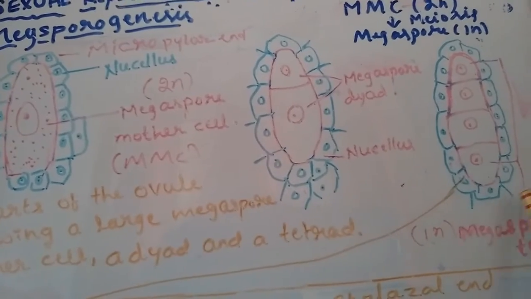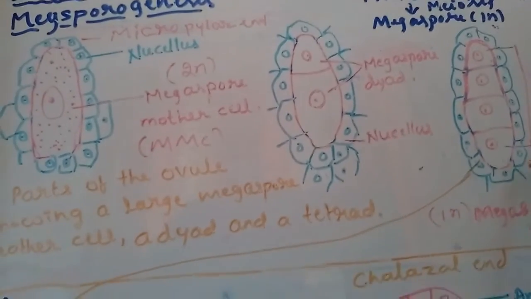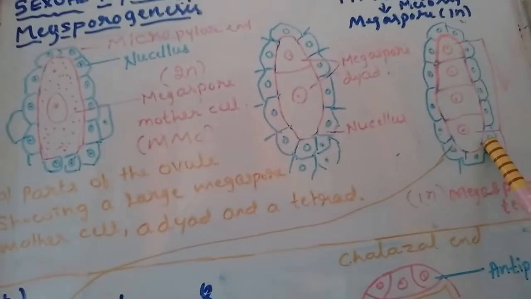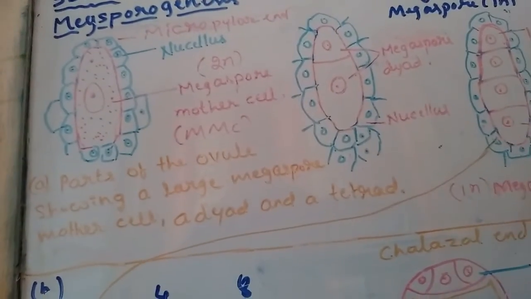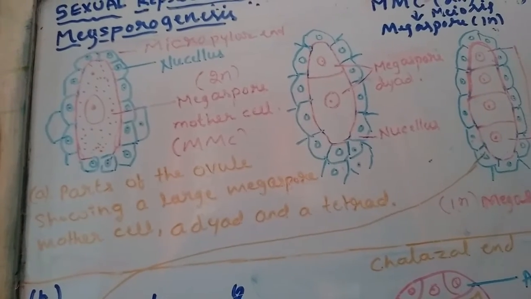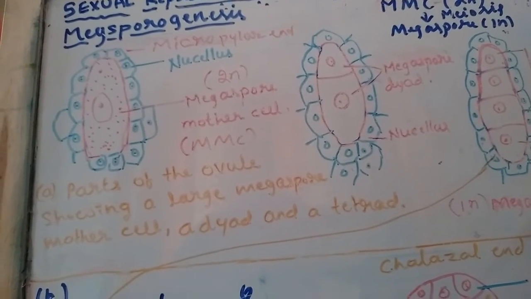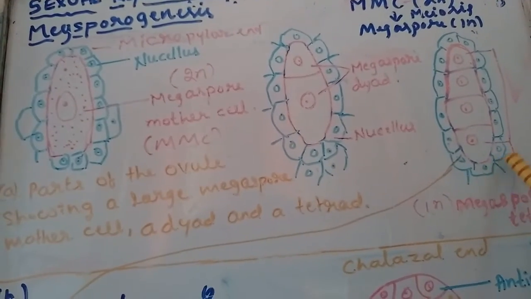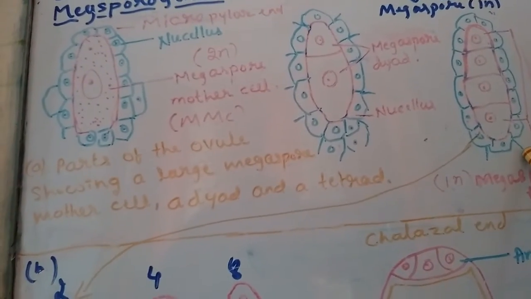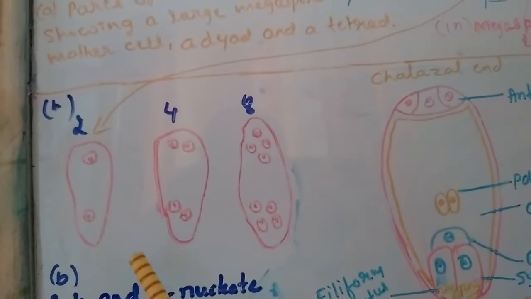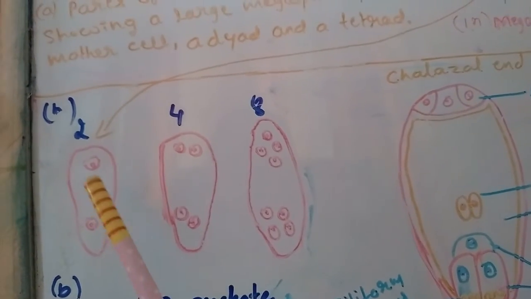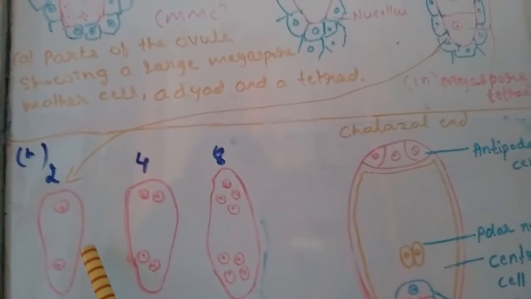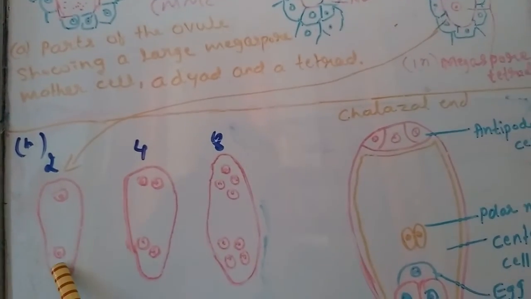In this functional megaspore, we again have mitotic cell division. Which division takes place here? Mitotic cell division. After completion of the first mitotic cell division, how many nuclei are formed? 2 nuclei.